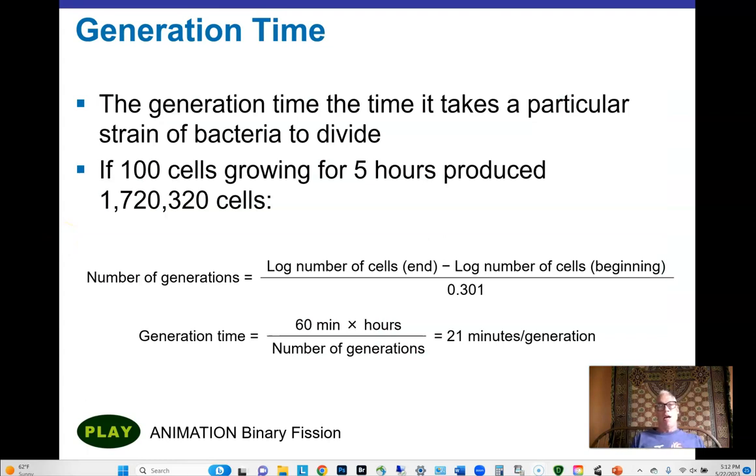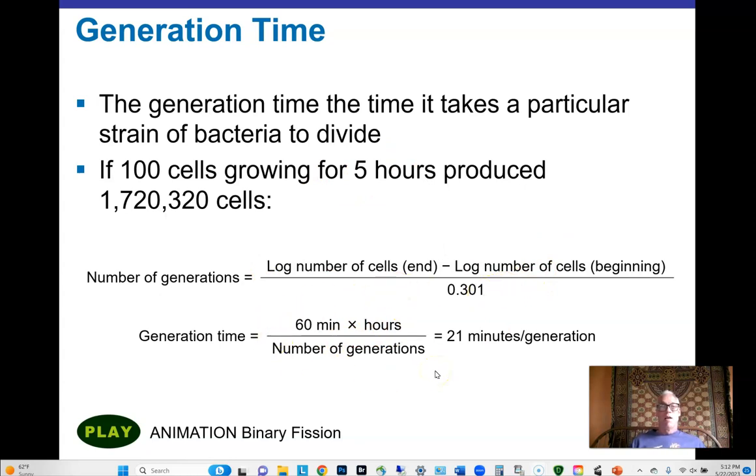The generation time is the time it takes for one cell division to take place for a particular species. So how long does it take after a new daughter cell is formed? How long does it take for that cell to divide again and produce two cells? That's the generation time. There's a cool mathematical thing going on, which I will not ask you to do at any point, but just for fun, if you know the number of generations and the log number of cells, the number of cells at the end and the number of cells at the beginning, you can figure out the generation time from this formula.